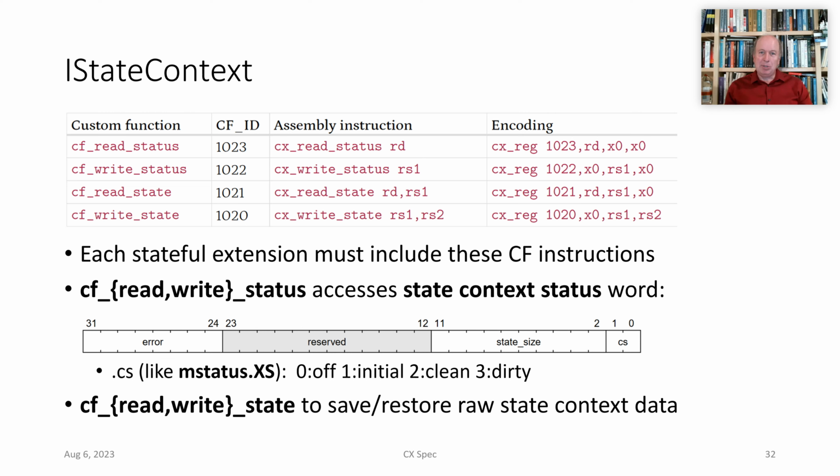This echoes mstatus.xs. The state size field indicates the state size in XLEN-bit words necessary to perform a context save of this stateful context. And the error field is an 8-bit errno for the extension's most recent stateful error. The read state and write state custom function instructions enable an operating system to uniformly save and restore a state context of any stateful custom extension.